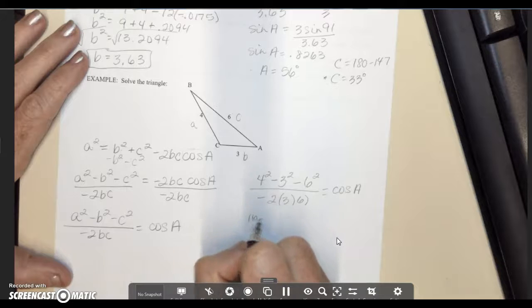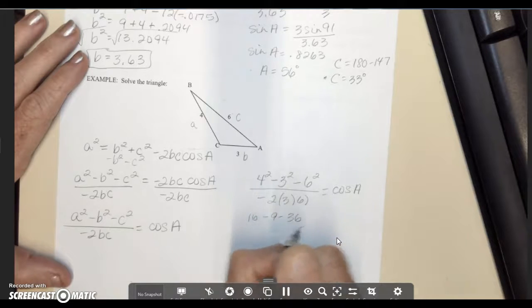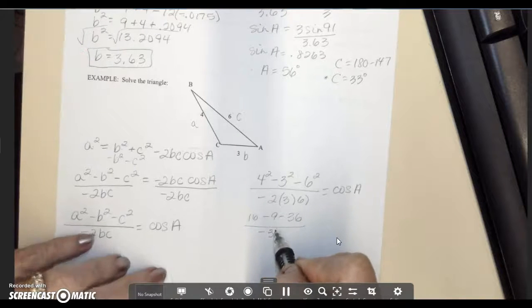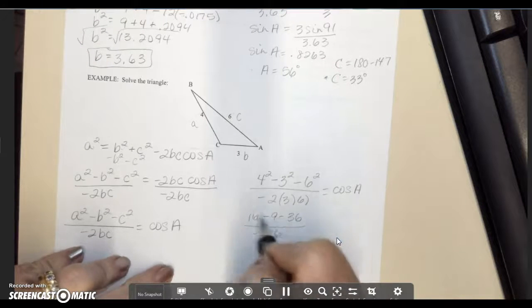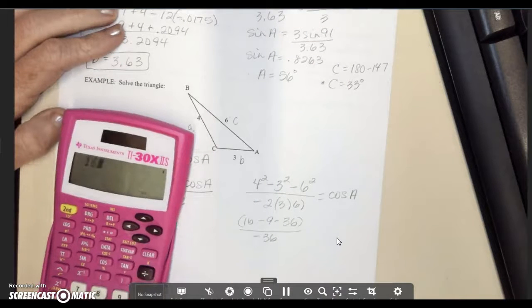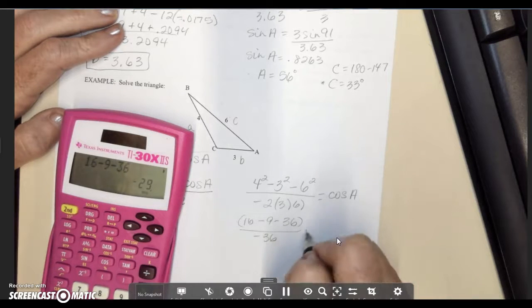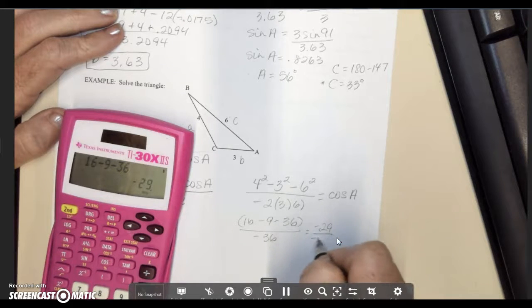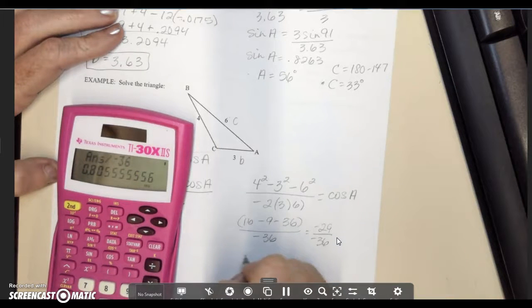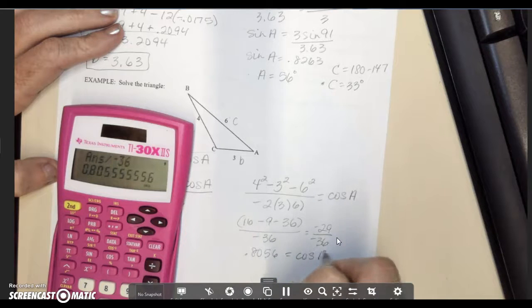So then we've got 16 minus 9 minus 36 all over negative 36. No, you cannot cross those 36's out because this is a total here that we need to add up. So I have 16 minus 9 minus 36 is negative 29 divided by negative 36 is 0.8056, and that's the cosine of a.